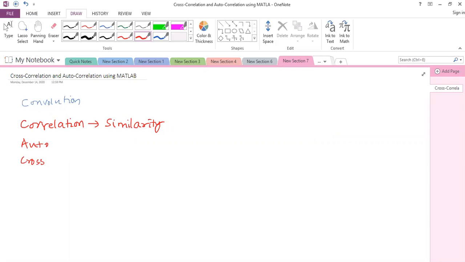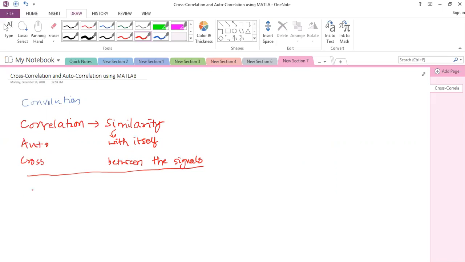Autocorrelation is similarity with itself, and cross correlation is similarity between the signals. Now we will focus on understanding these two concepts using MATLAB.